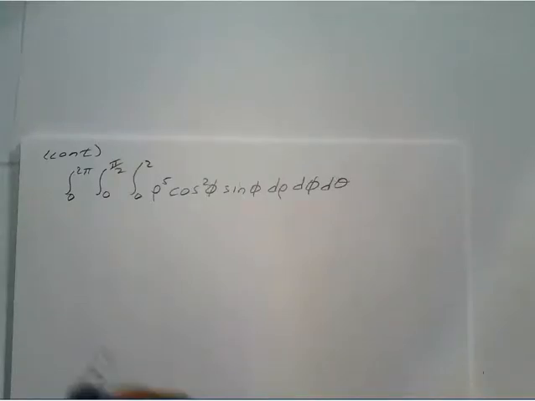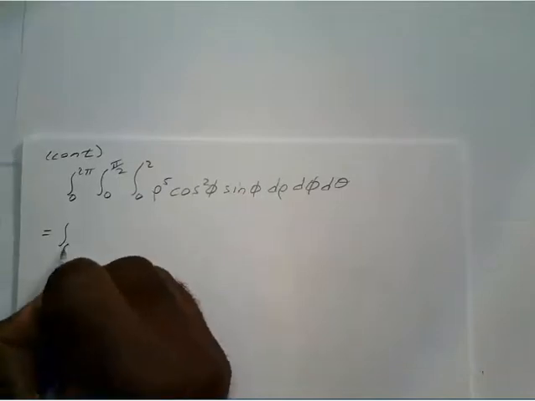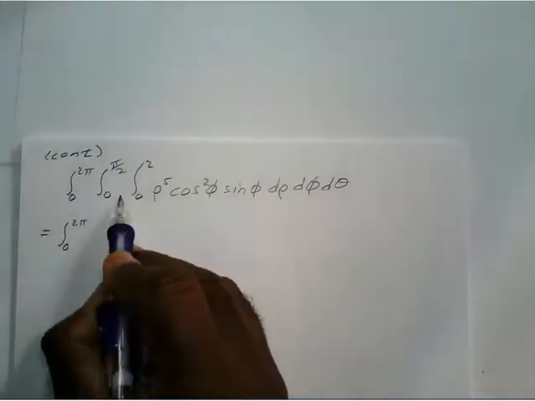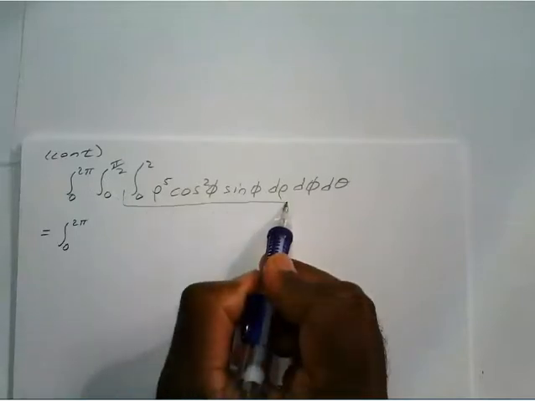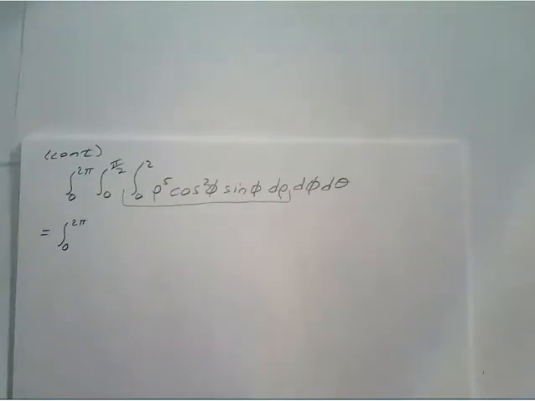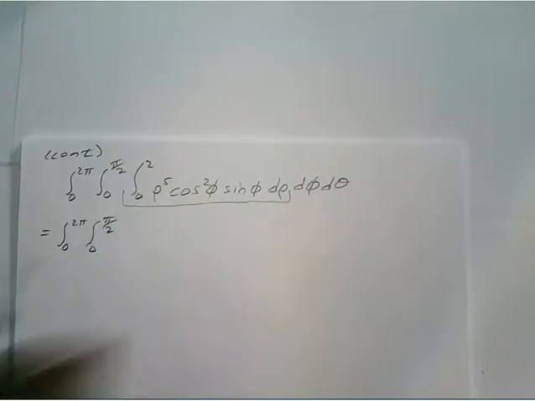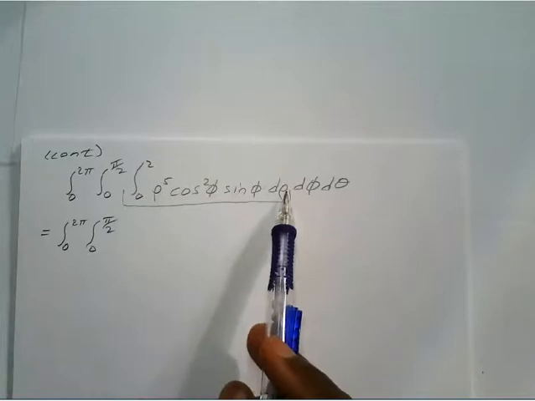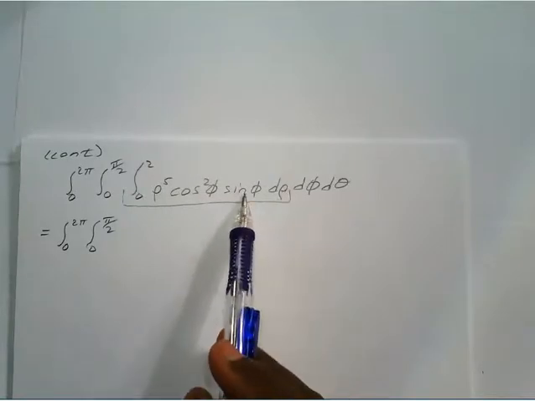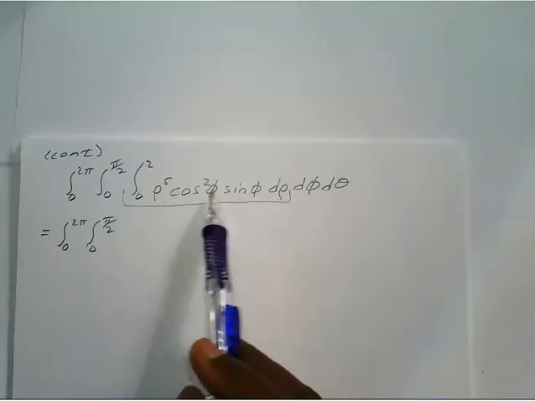All right, so we go from 0 to 2 pi, because we're going to start, of course, in the middle. 0 to pi over 2. Okay, so if we integrate this just with respect to rho, remember these two will be considered constants.